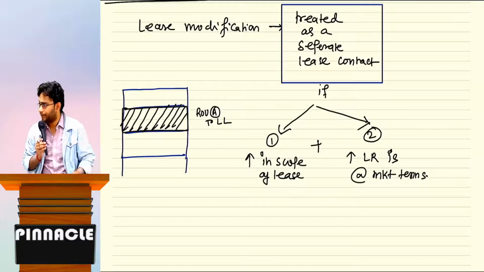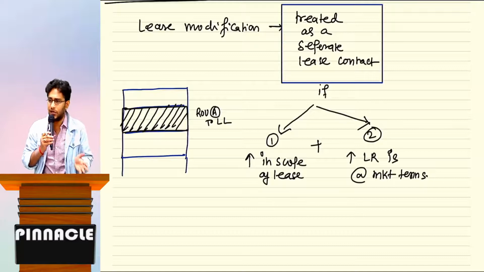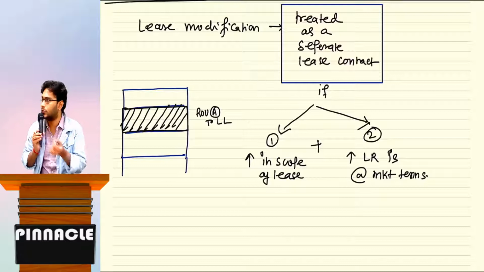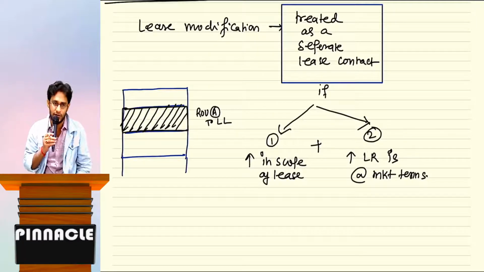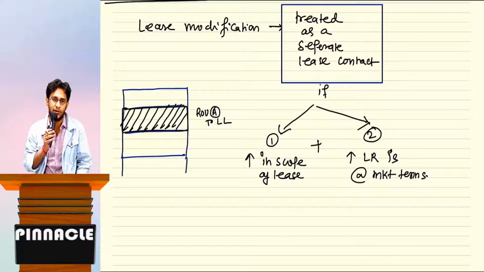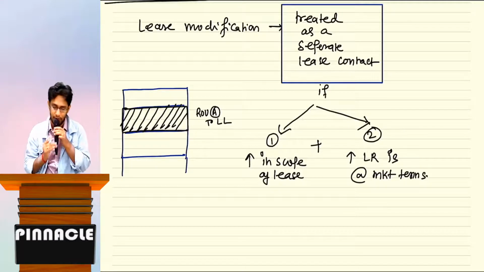Now I went to the lessor and told him, sir, business is doing extraordinarily well. Your building has been very favorable to me, so I would like to take even the 3rd floor on lease, the top floor also. Now, the option to take the 3rd floor was not there in the original agreement. You went and requested and that fellow accepted.